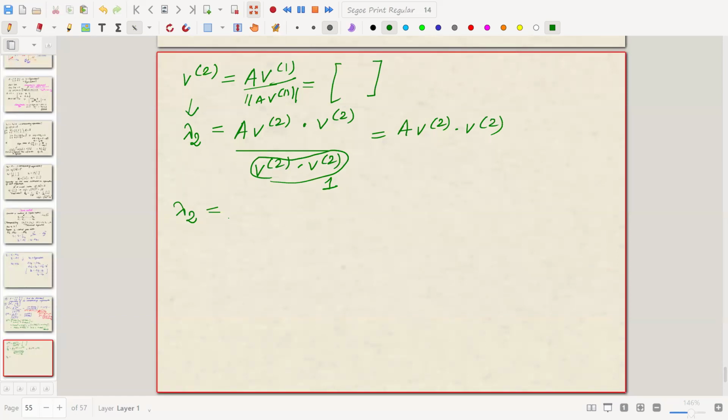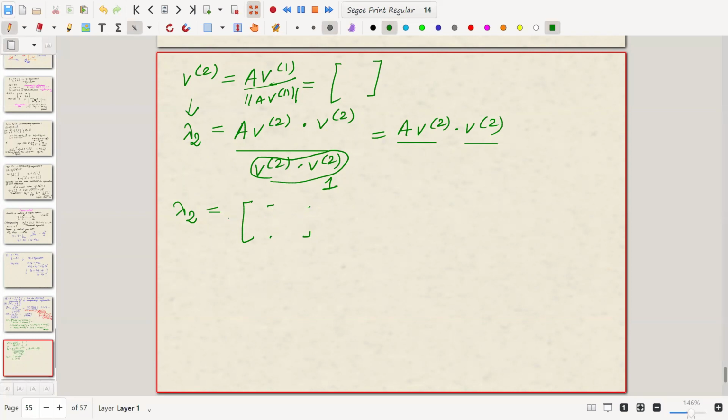Yes, lambda 2 equals to... what is AV1? Sorry, AV2. Tell me this quantity and this quantity. AV2. Then... I will talk to you after the pause.